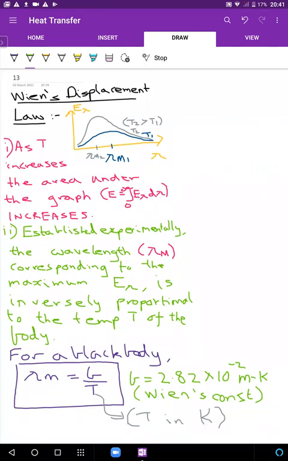In fact, you might have experienced this when we start heating an object. At first, take any random object, and you will find that it's not emitting any specific color.